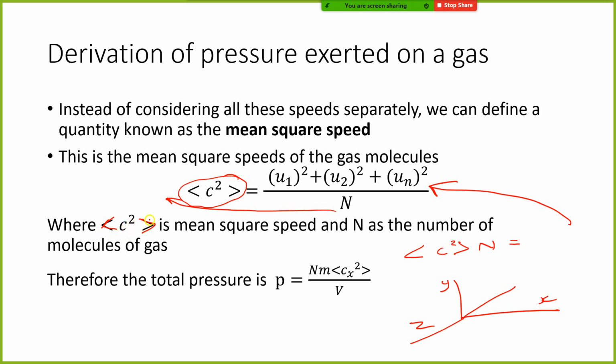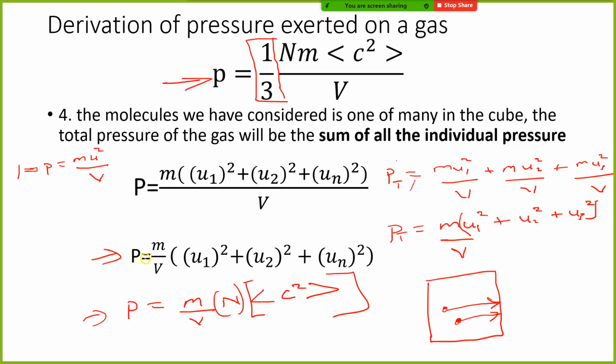So when we go back to the equation just now, right, that says P is equal to m over V times all of this, we're going to replace all of this, u1 squared plus u2 squared plus un squared, with this that you're seeing down here that says N times the mean square speed, right? So that would account for just only the particles that are colliding along one aspect of the cube, right?